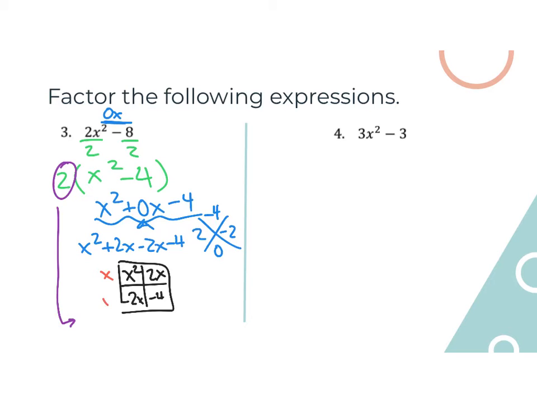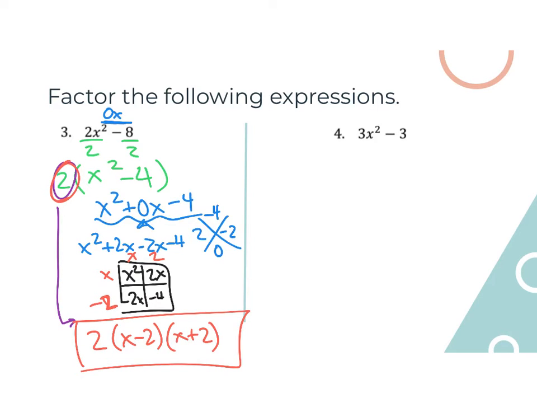In the bottom row, I have a common factor of negative 2. The first column has a common factor of x, and the second column has a common factor of positive 2. So I end up with x minus 2 and x plus 2. But then I have the 2 from the beginning that I took out: 2 times the quantity x minus 2 times the quantity x plus 2.